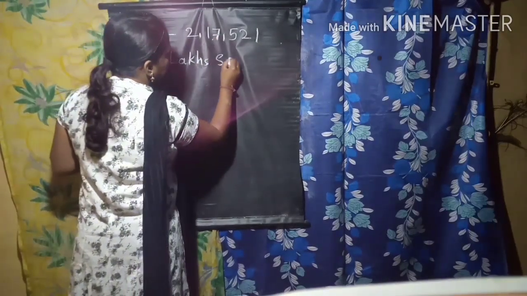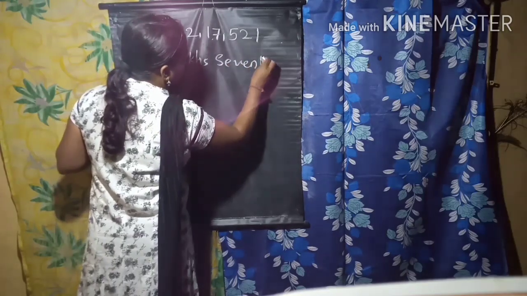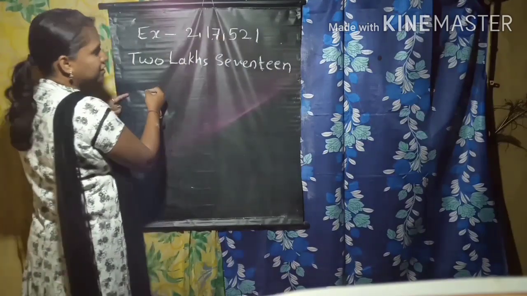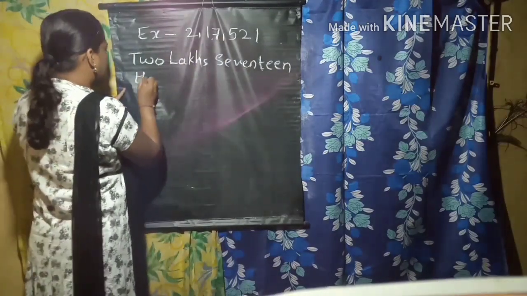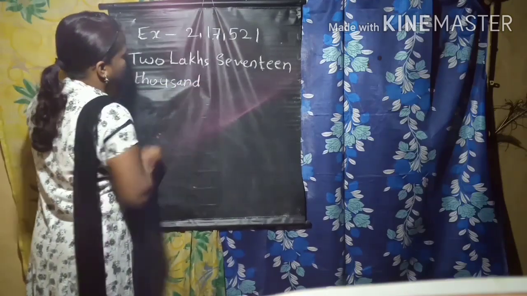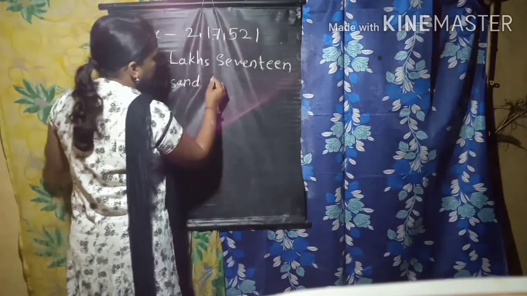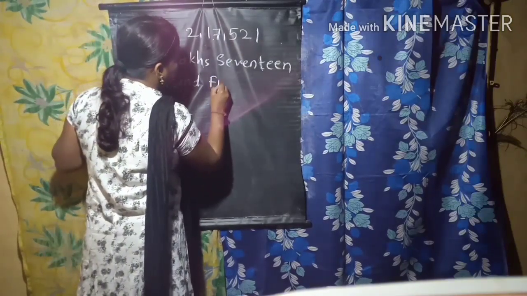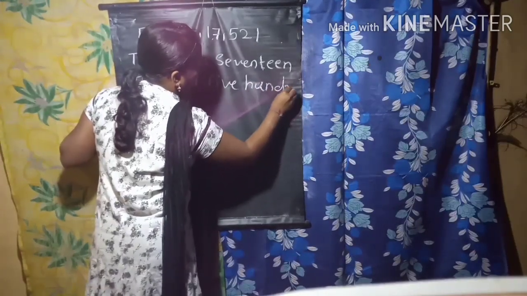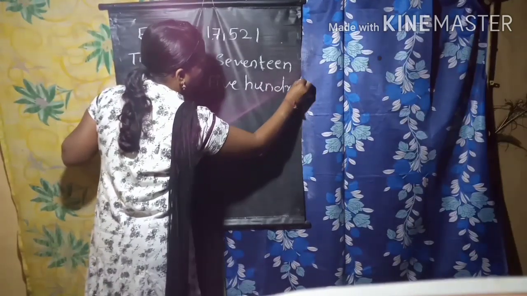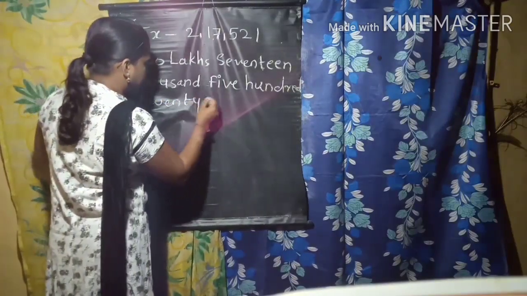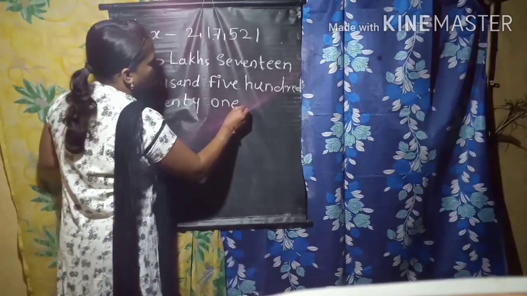Now it is 17. Remove this comma and this period is thousand. So write down thousand. And the last one is the ones period, that is 521.